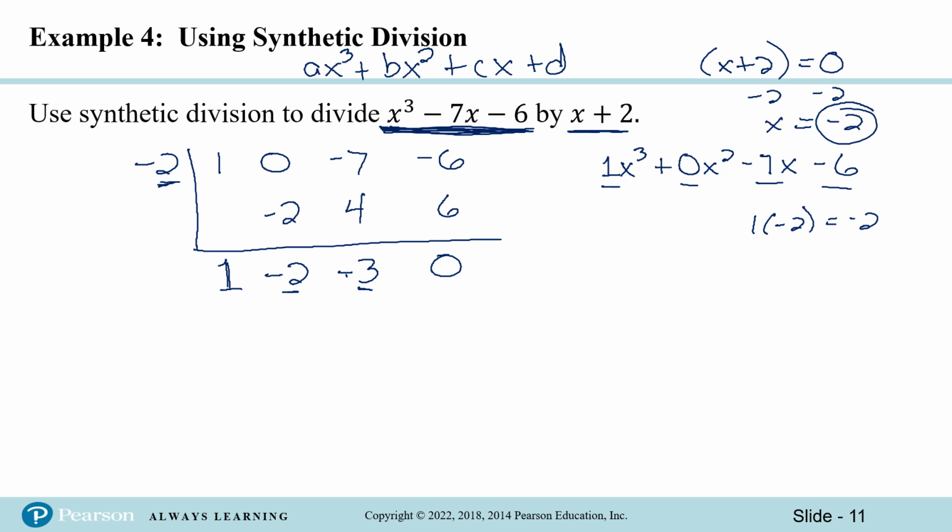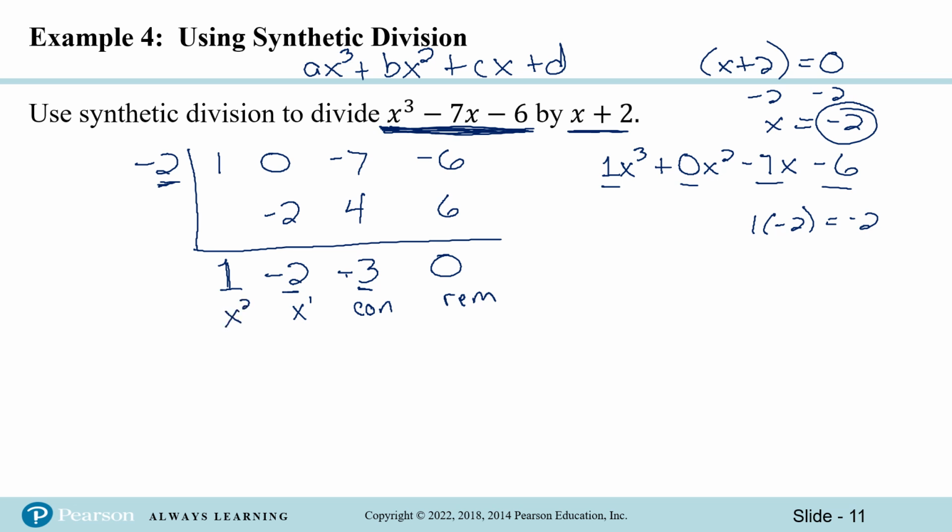Now, how do we read our answer? Read your answer from right to left. Don't try to read it from left to right. I get more students messing it up if they go left to right. Starting from the right, this is your remainder. This is your constant. This is your x to the first power.